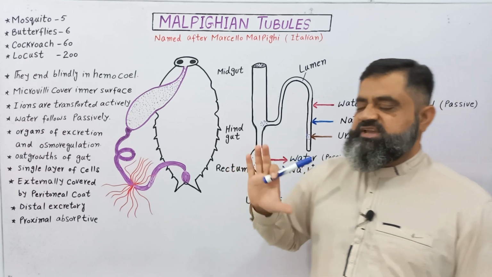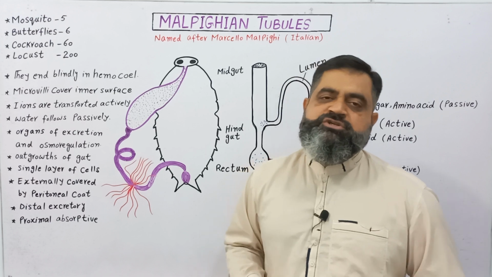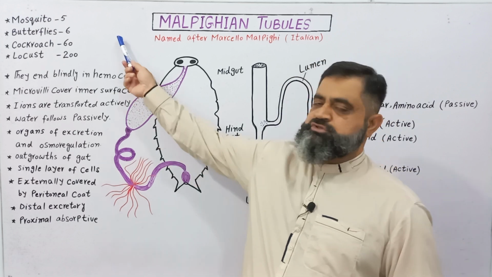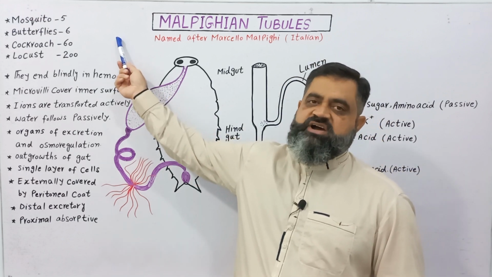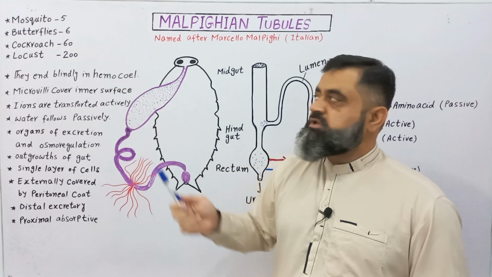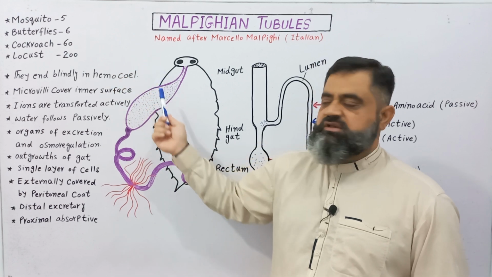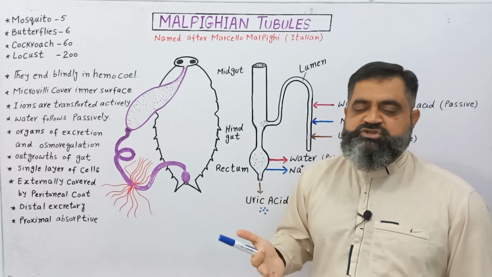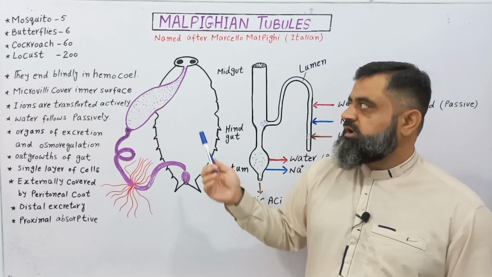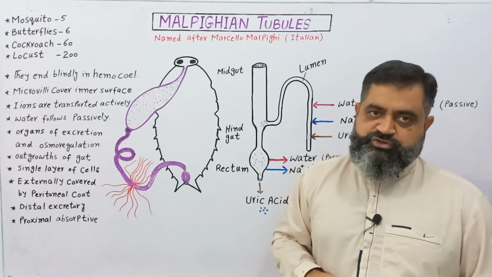They vary in number in different species of insects. For example, a mosquito has only 5 Malpighian tubules, butterflies contain 6, a cockroach has 60, and a locust can have 200 Malpighian tubules.